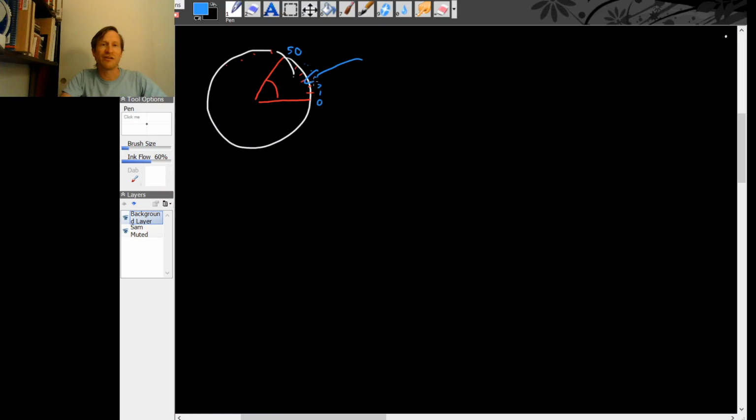And so this angle would have size 50. And we call this system of measurement, where there's 360 pieces in one full turn of the circle, degrees. So we'd say that this angle is 50 degrees.